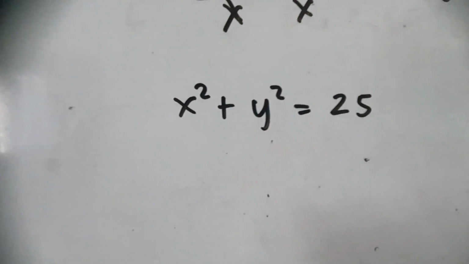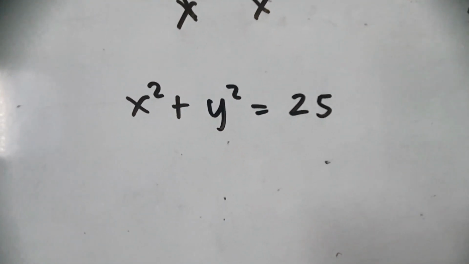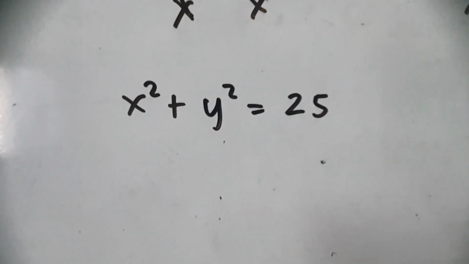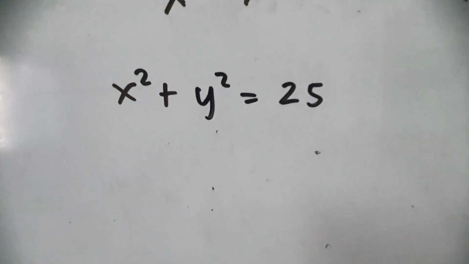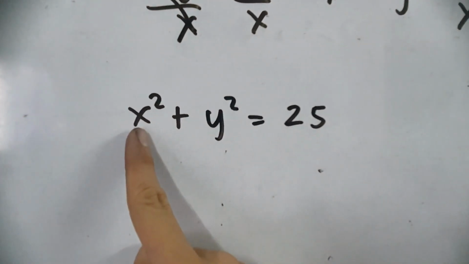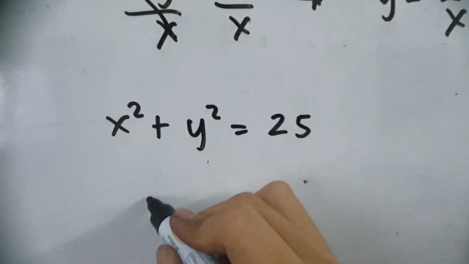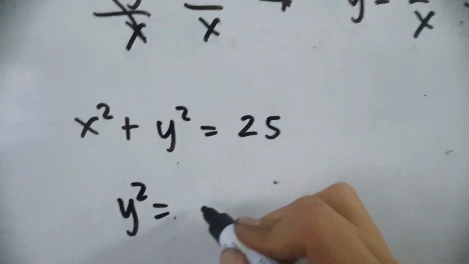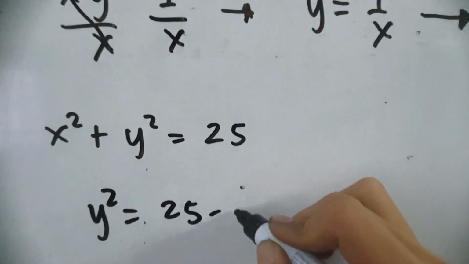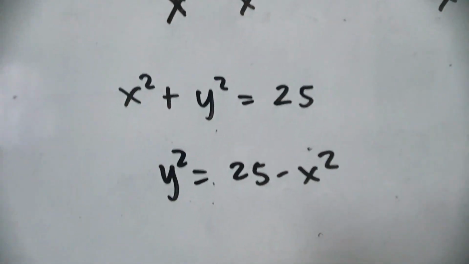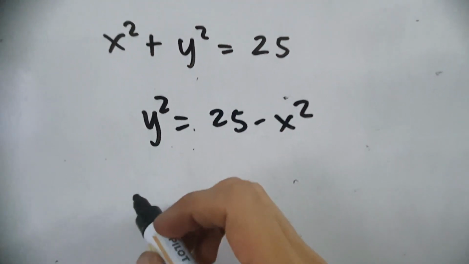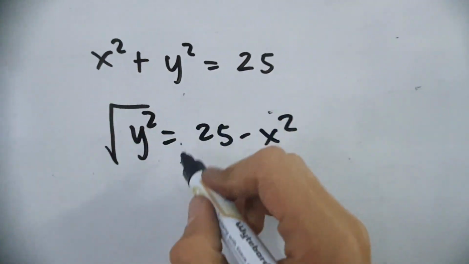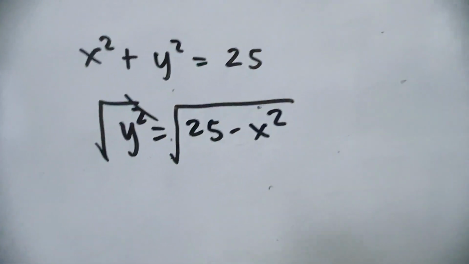Now how about this example? Obviously this is an equation of a circle with a radius of 5. So I'm going to isolate my y on the left side of the equation, transposing my x squared. I now have y squared equals 25 minus x squared. Now to come up with the value of y alone, I have to apply the square root on both sides of the equation.